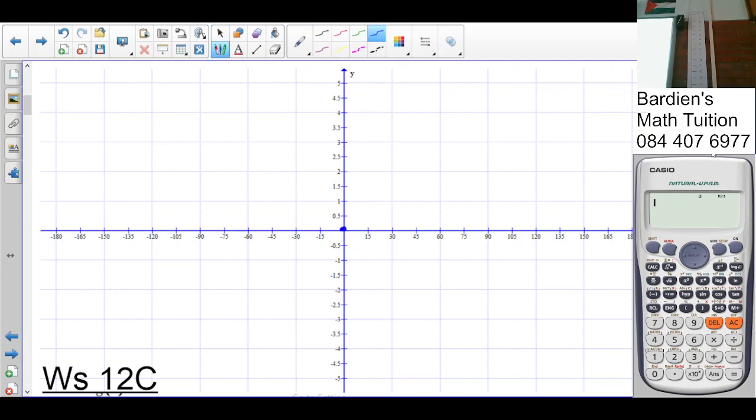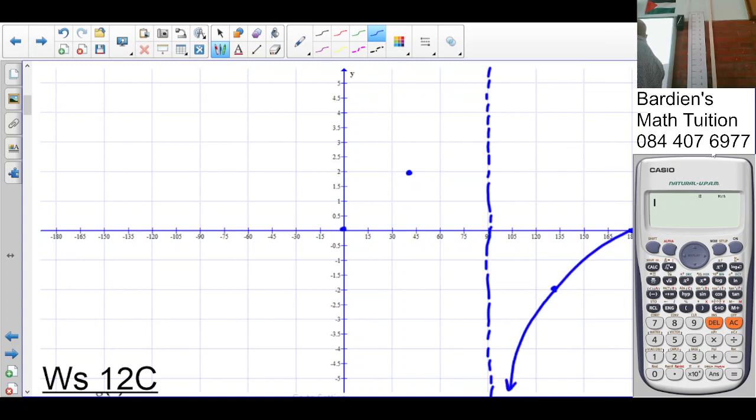Tan of 45 is 2, correct? Tan of 90 is an asymptote, undefined. Tan of 135 is minus 2. And 180 is 0. Don't go past this 180 point here. Okay?